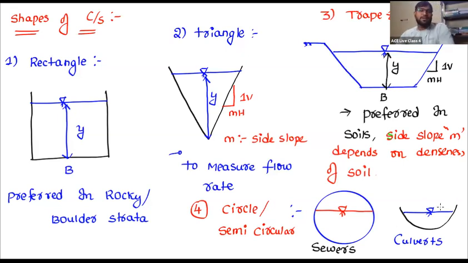These are the various shapes of cross sections, but generally we prefer trapezoidal. Why? Let's see. For every cross section, there must be some wetted perimeter. What is meant by perimeter? The length of the solid boundary is the perimeter. Okay, sir.